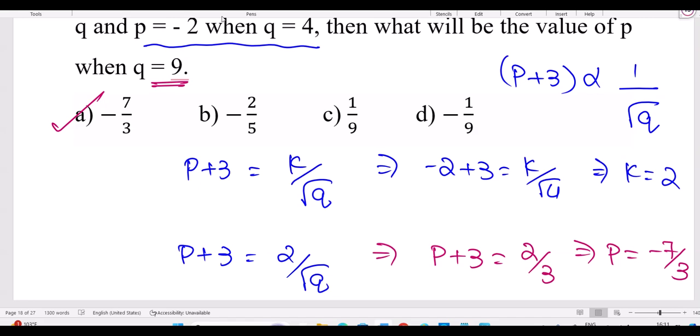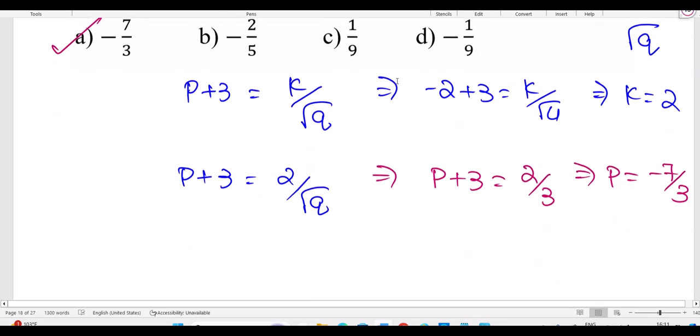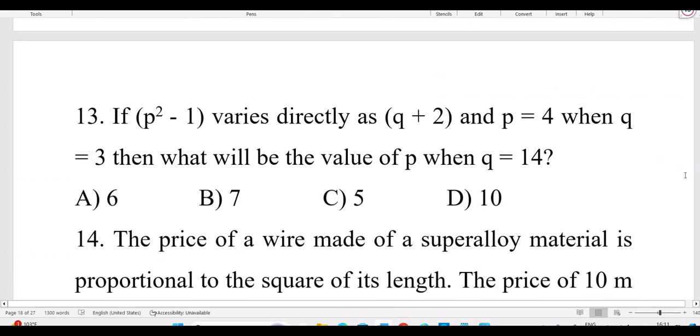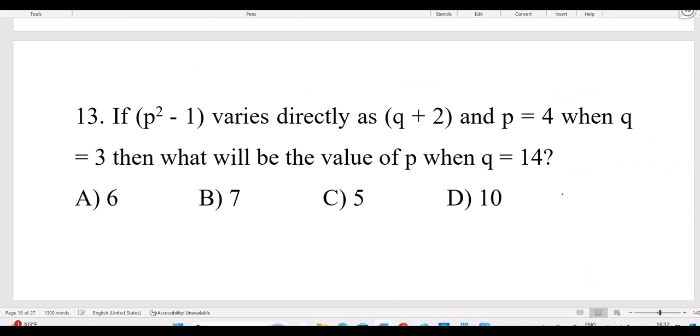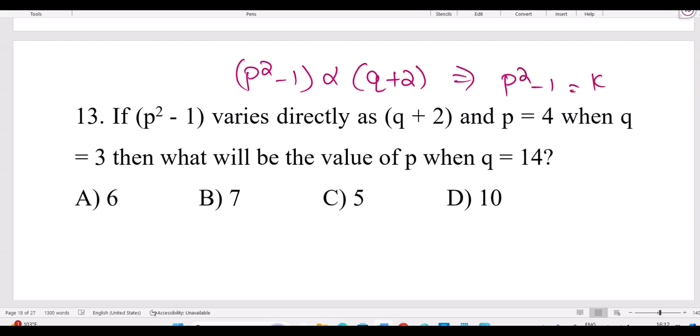The 13th one, solve. The p value is minus 7 divided by 3. The 13th one is similar to that. p square minus 1 directly relates to q plus 2. If we remove the proportionality, we get k into q plus 2.